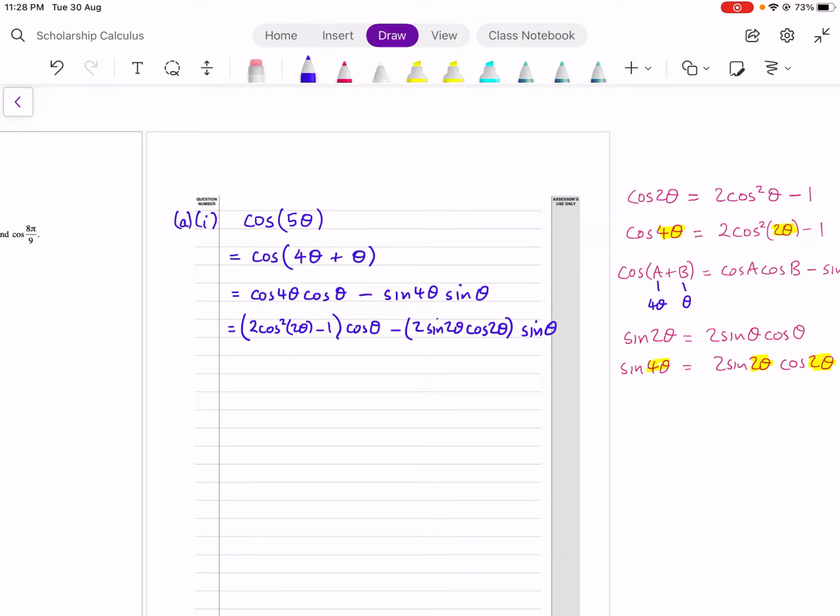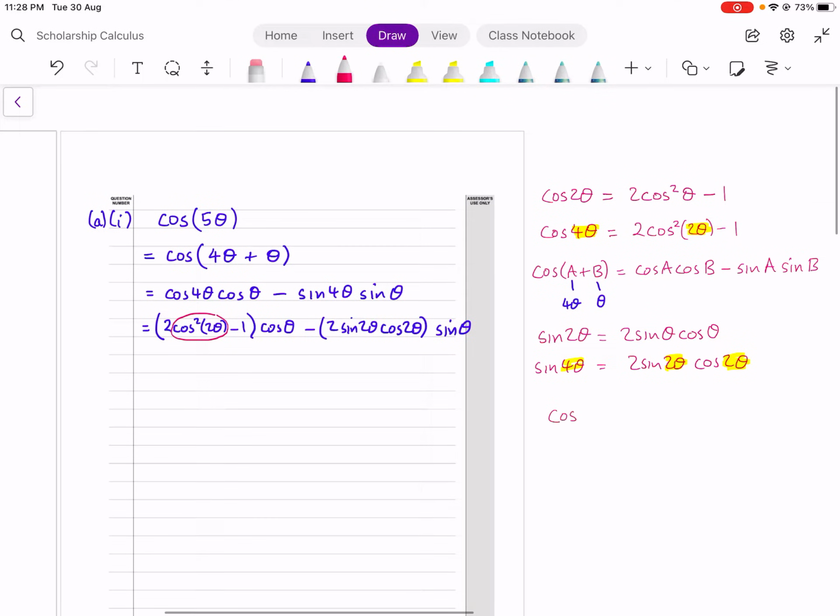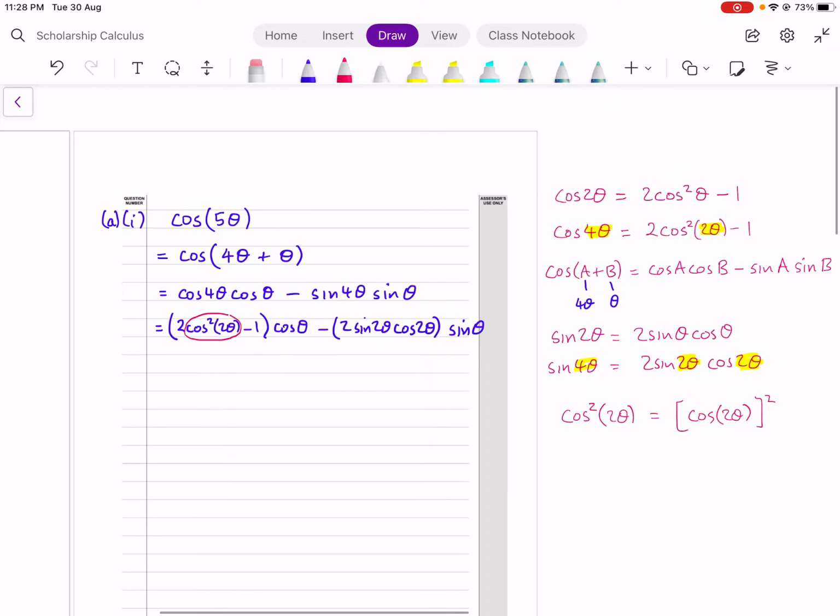Okay, and then this cos squared 2 theta term, what that actually means is cos squared 2 theta is the same as cos 2 theta all squared. We just put the 2 on the inside because it's tidier. So what we have there is 2 multiplied by cos 2 theta all squared. Cos 2 theta is this dude.